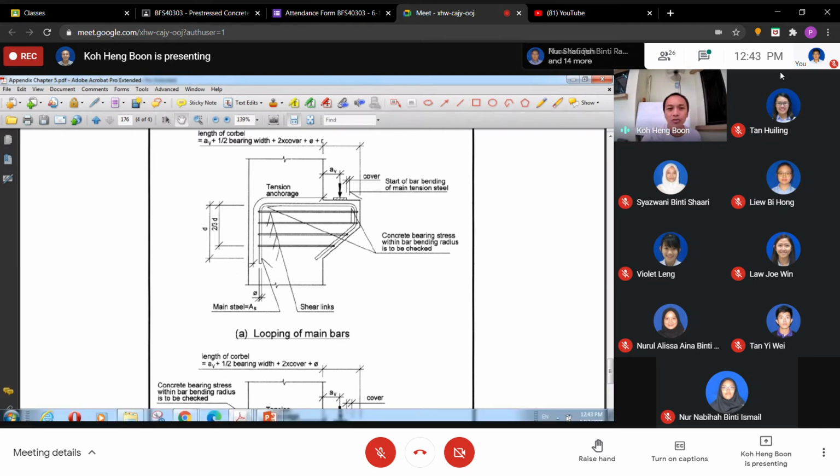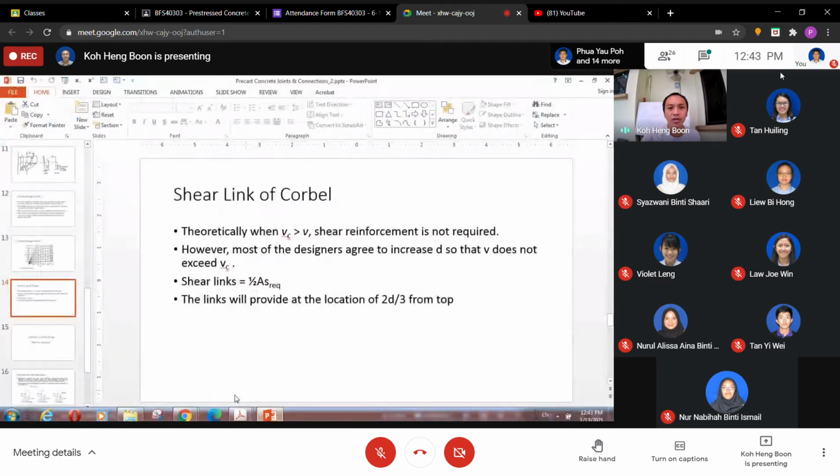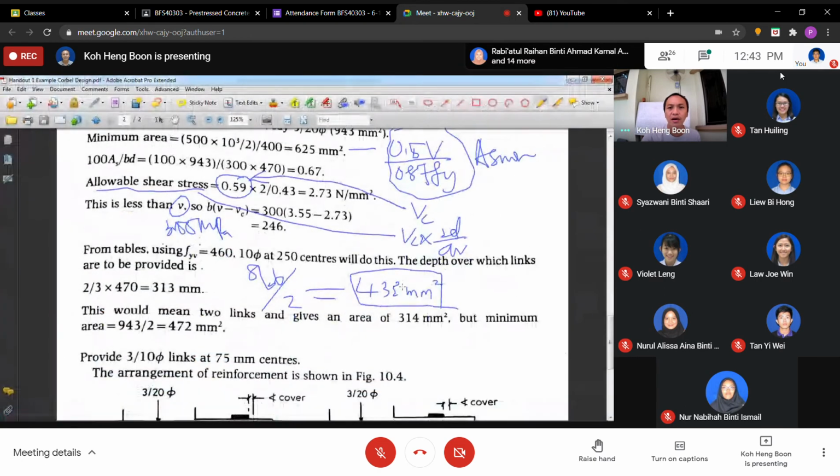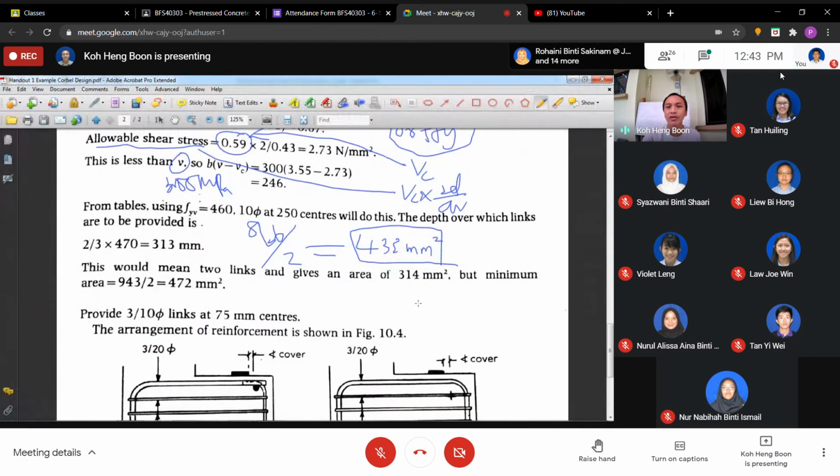Okay, so the required steel here, if you are going to use 10 mm, is 433 divided by, like the link is divided by 157. You use 10 mm, it is 2.7 or 2.8, so we use 3.